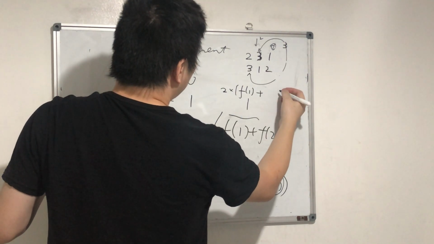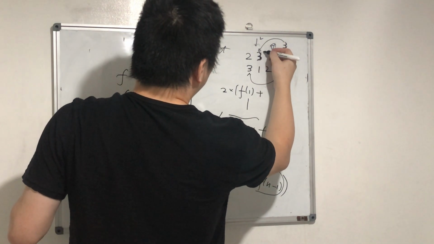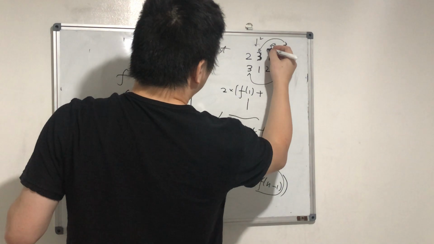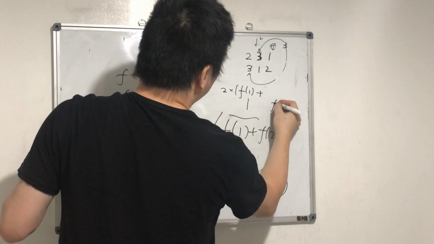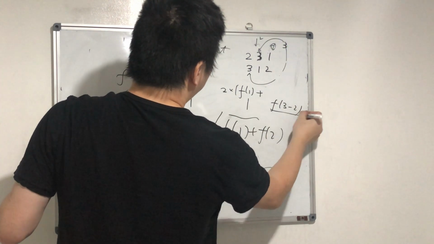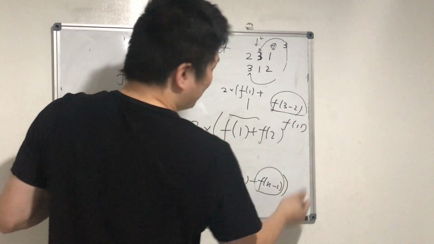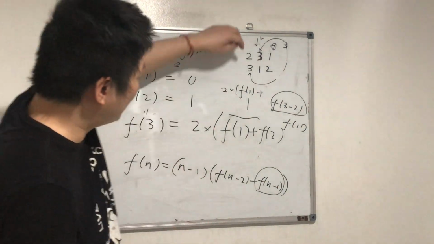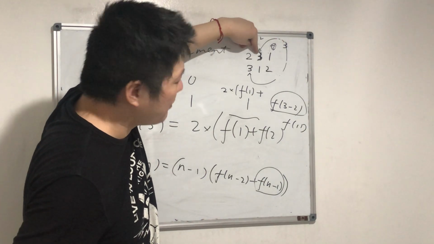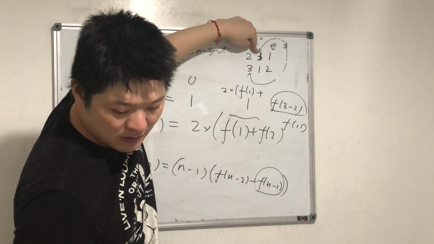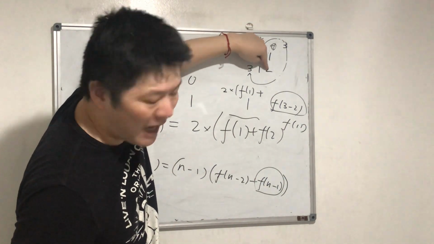If it's swapped with the 2, then the solution will be f3 minus 2, which is f1, and f1 will be 0, right? Look, I put a 3, I swap it with 2, and 2 can go to the last, yeah?